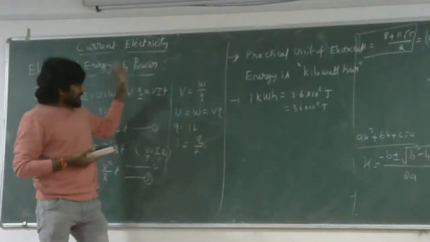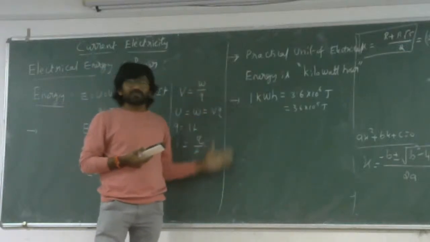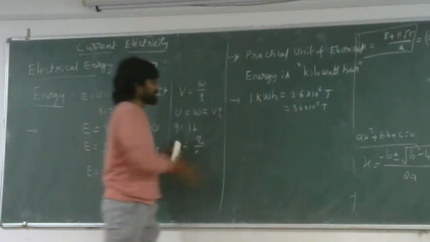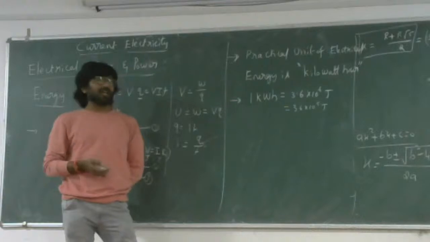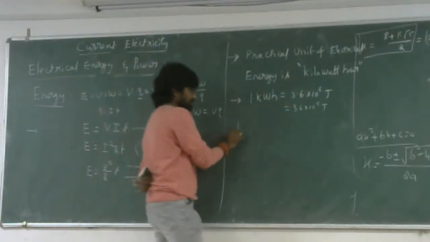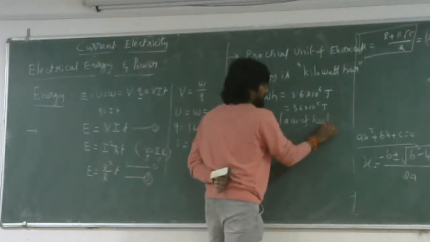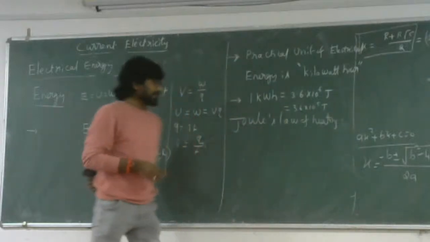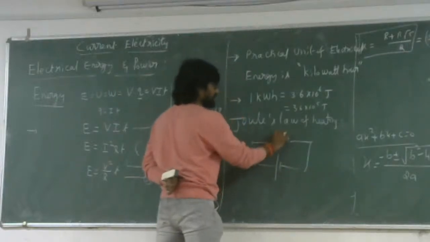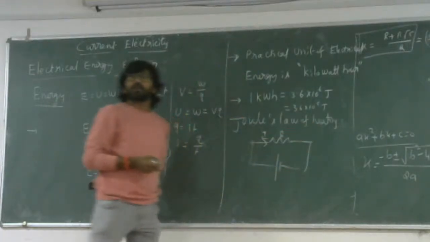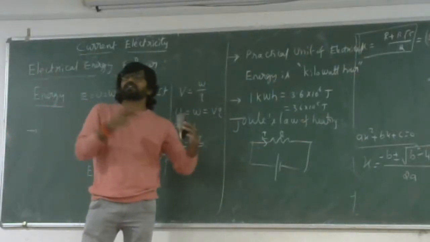These relations were brought into mathematical form by a scientist called Joule. Based on his study, it is named Joule's law of heating. He said that whenever you have a resistor in a circuit and a current I passes through it, heat will be generated, and that heat is considered as energy.